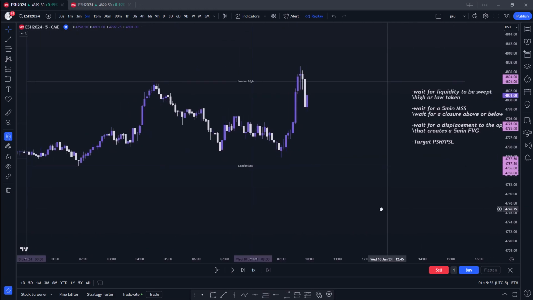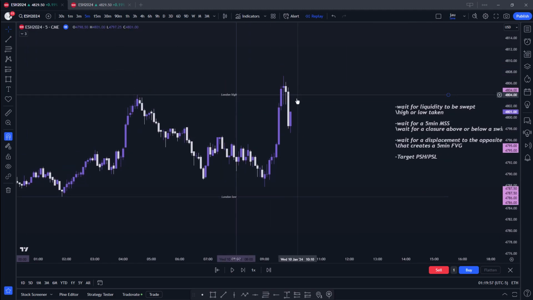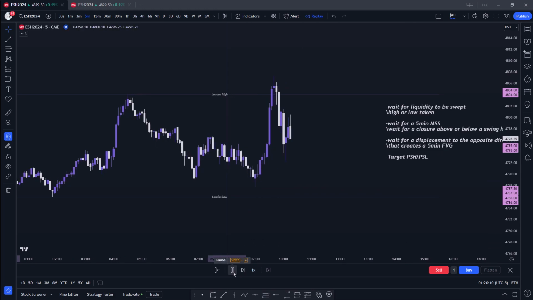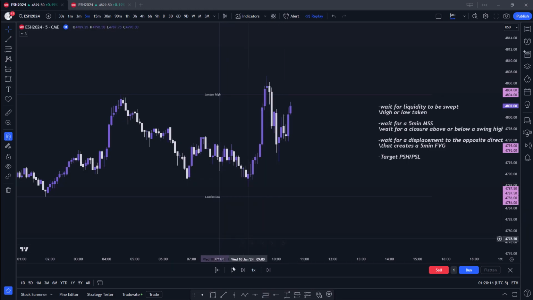We have seen liquidity taken during London, I mean during New York, which is the London high, and now we wait for the 5 minutes market structure shift. So let's see how data prints. Notice that we have created a swing low here.